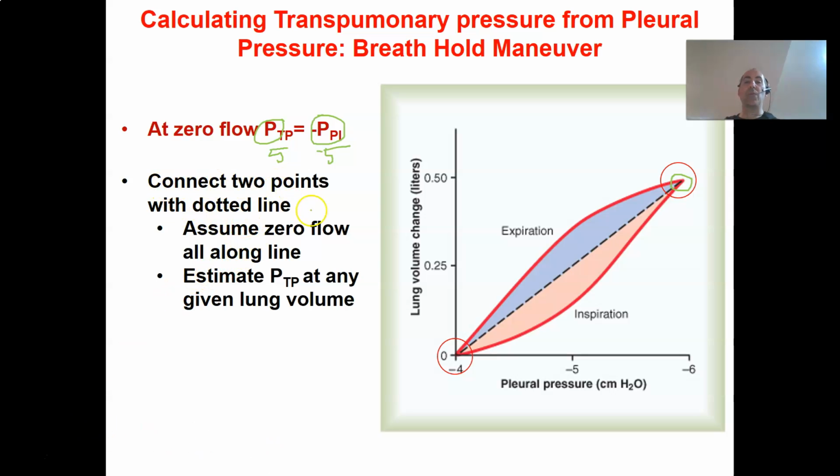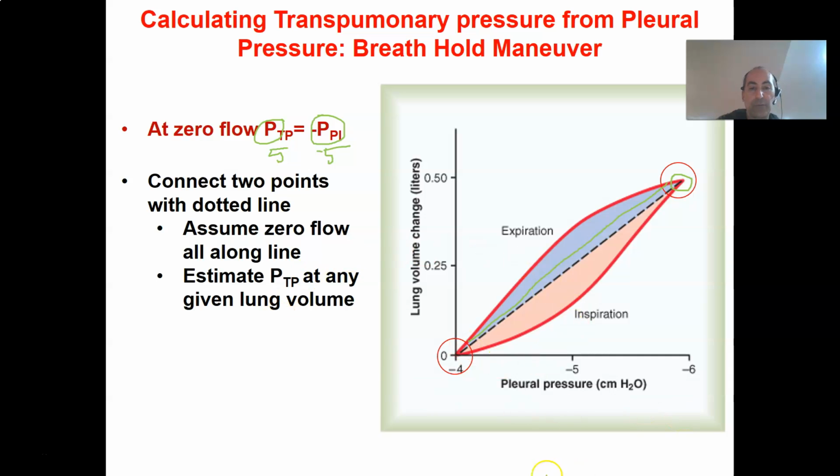You connect two points, from where you began to where you end. You assume zero flow along this line, and you can estimate transpulmonary pressure at any given pressure.